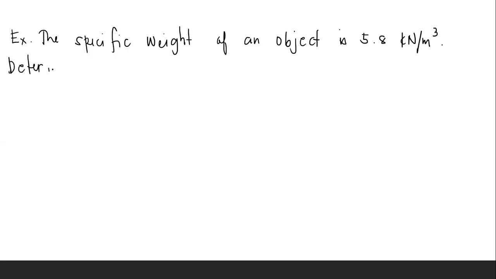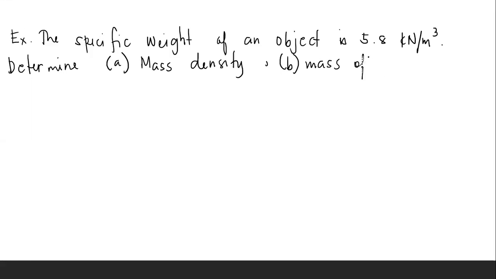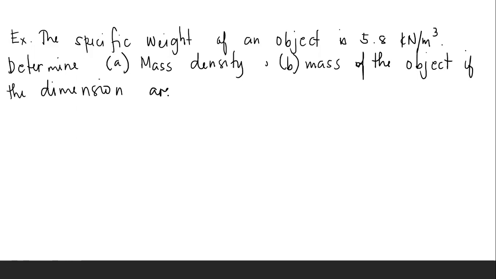Determine: letter A, the mass density. Letter B, the mass of the object if the dimensions are 7 centimeter by 17 centimeter by 9 centimeter.